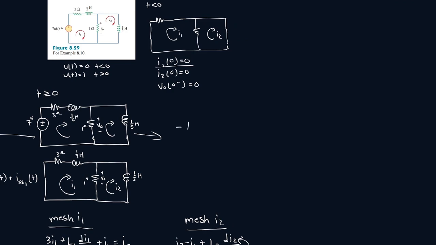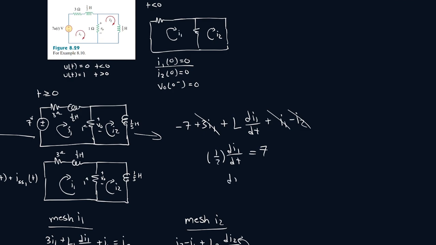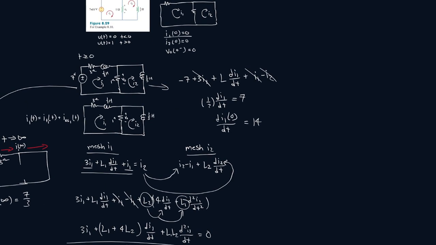So what we're going to do is minus 7 plus 3 i1 plus L di1 over dt plus 1 ohm times (I1 minus I2). We call it I1, I2. There we go. So this and this are all 0. So L di1 over dt equals 7, and L being 1 over 2, di1 at 0 over dt is equal to 14 amps per second.